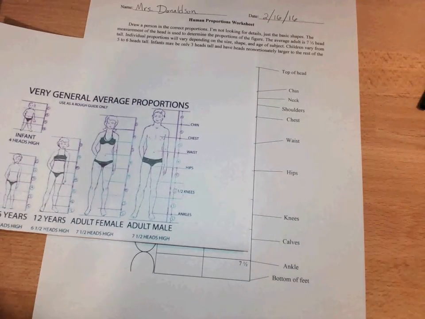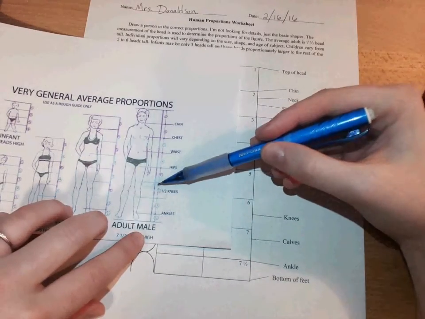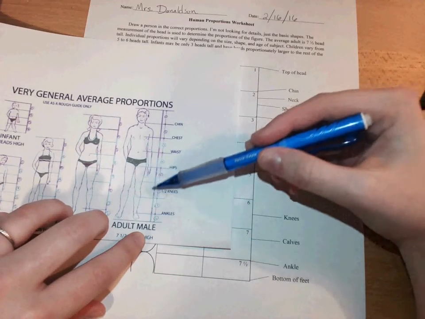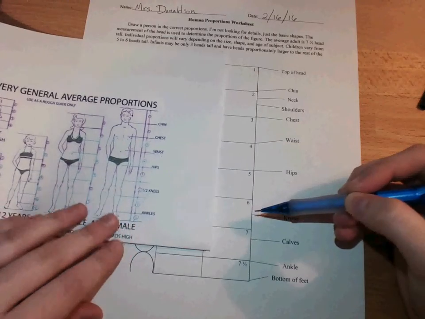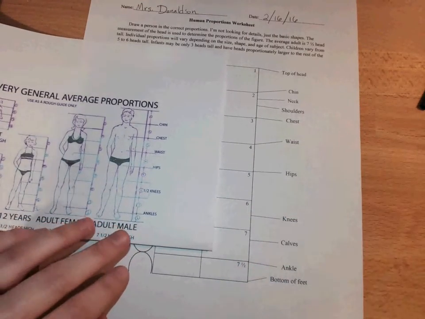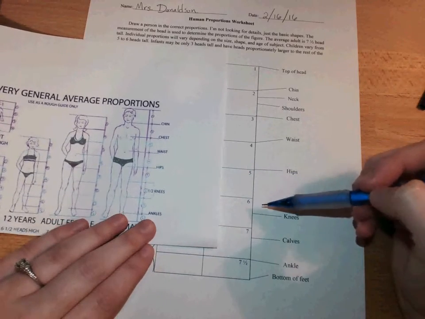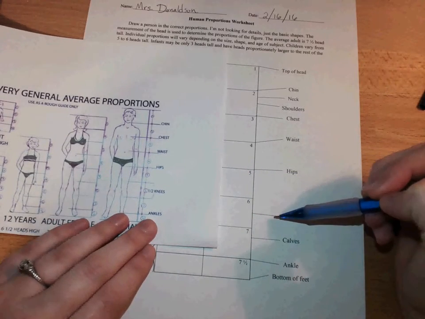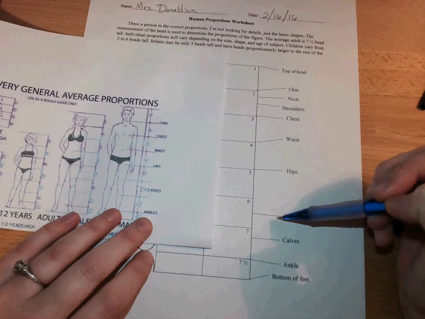The hips are generally the widest part down there. Then these heads right here are your thighs, and you'll have the kneecaps right here at about the 5.5 head mark.